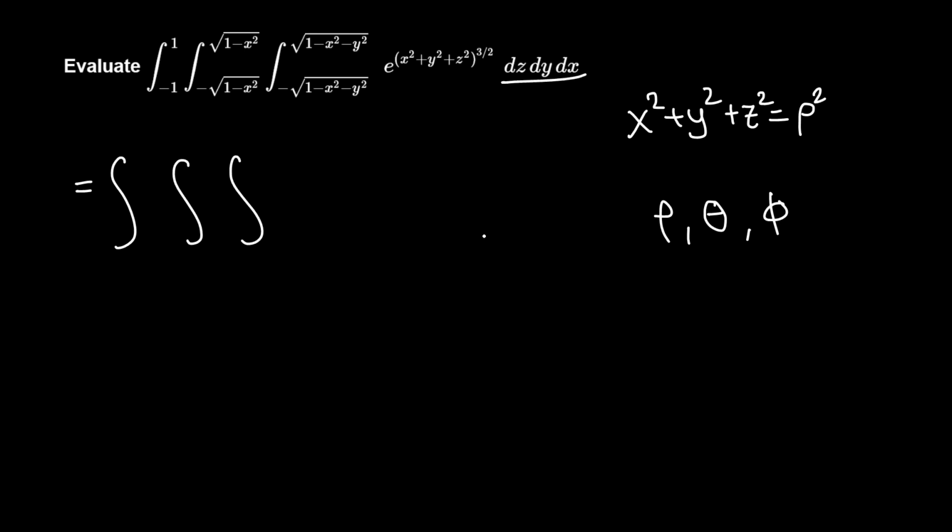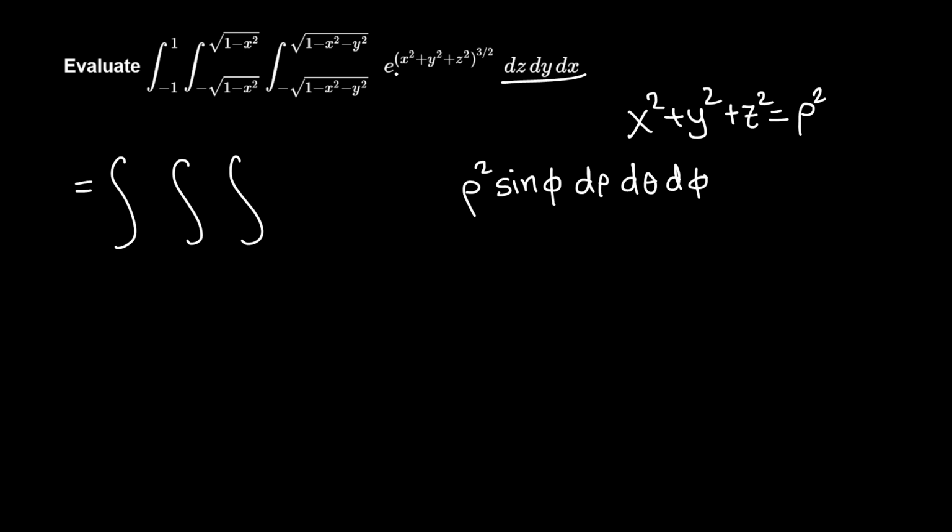This translates into rho squared sine phi d rho d theta d phi. Okay, just the change in volume part. And here is the integrand e raised to rho squared to the 3/2, so e raised to rho cubed.